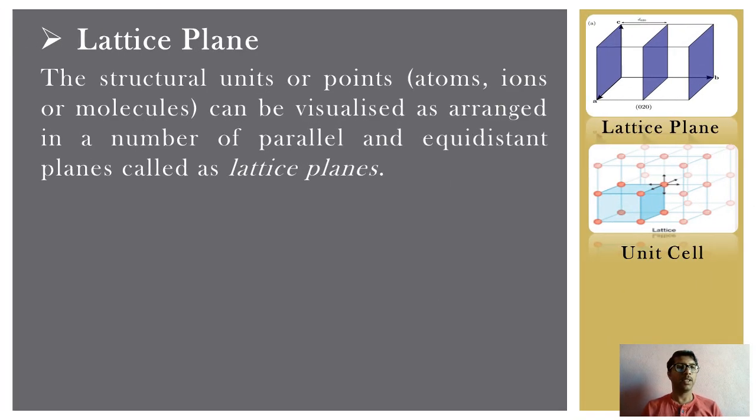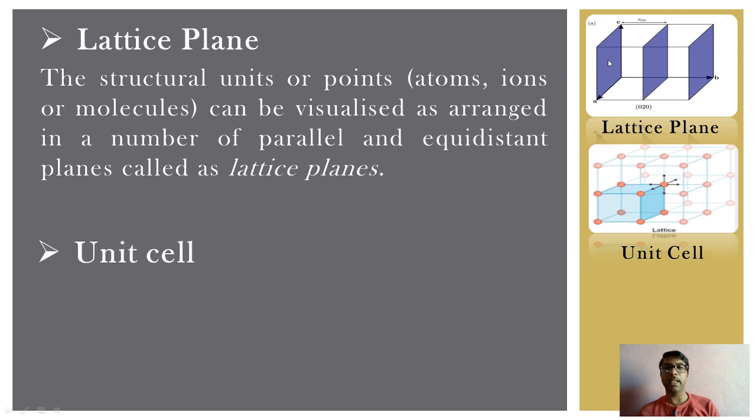Lattice plane. The structural units or points, that is atoms, ions or molecules, can be visualized as arranged in a number of parallel and equidistant planes called as a lattice plane. So in this first figure, these blue rectangles that are situated at equal distance from each other are called equidistant.